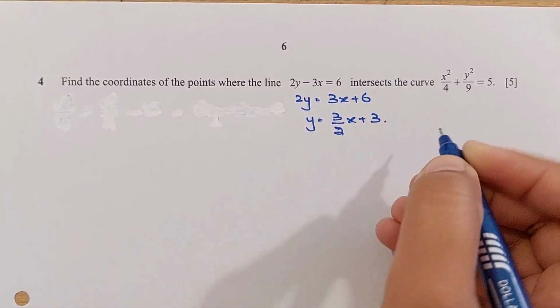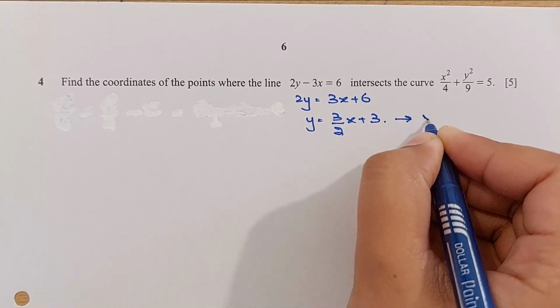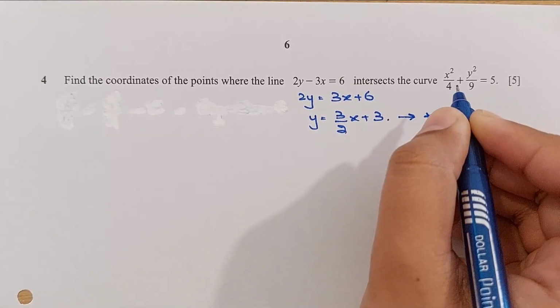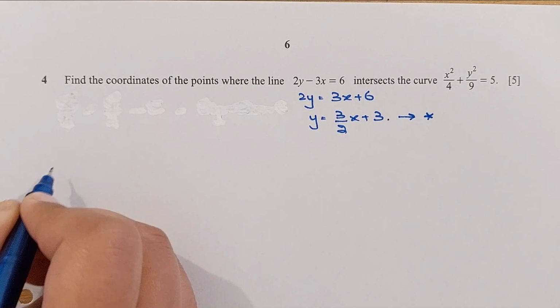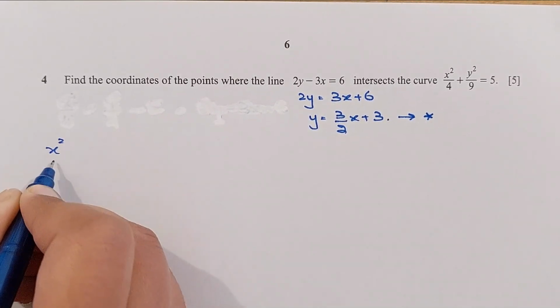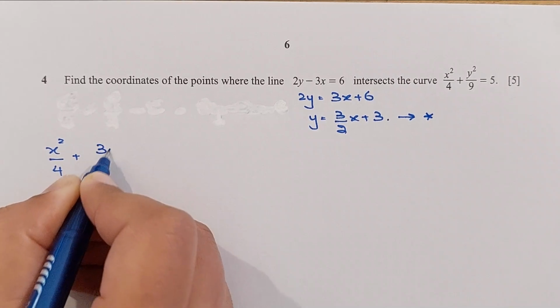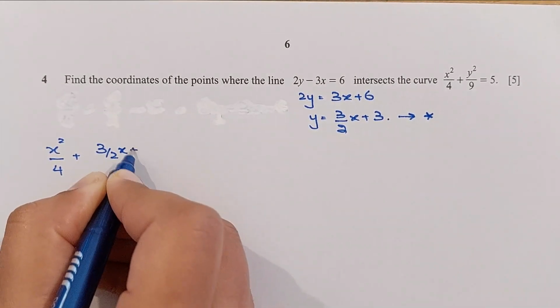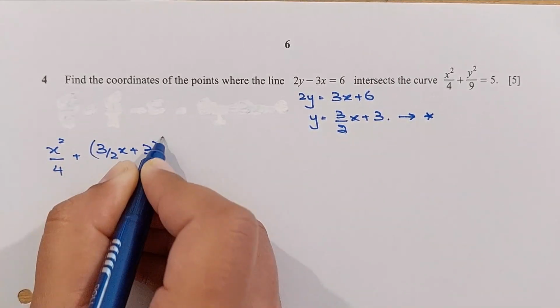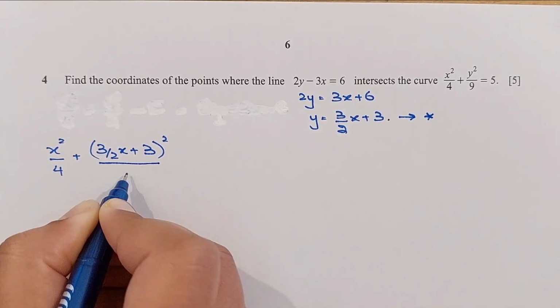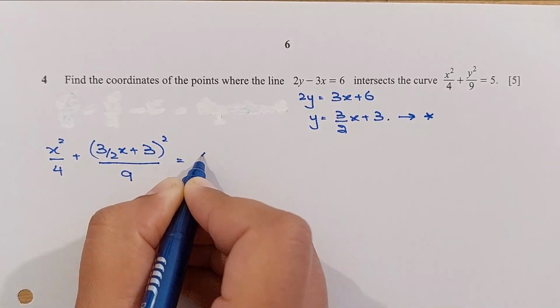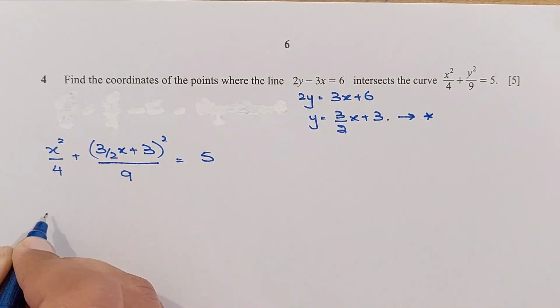So we have y. Let me substitute this y into the curve to solve for x. So we have x squared by 4 plus y squared, which is 3 by 2 x plus 3, its whole square, divided by 9 equals 5. Okay, let me simplify this.